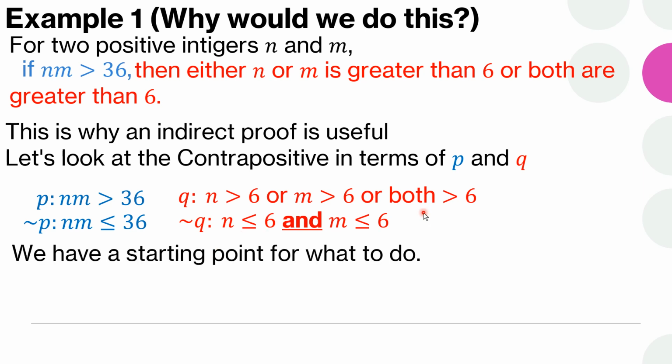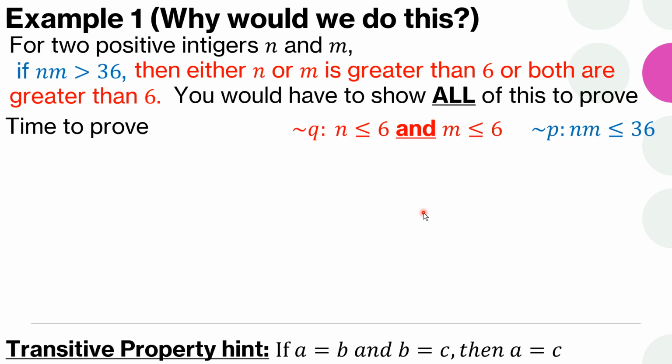So we have a starting point for what to do at this point. We have down here the transitive property for a hint: A B, B C, A C. We have that also on the handy little note sheet. So, time to prove. We have not Q, both are smaller than 6, not P, less than or equal to 36. So step 1, assume the not Q is true.